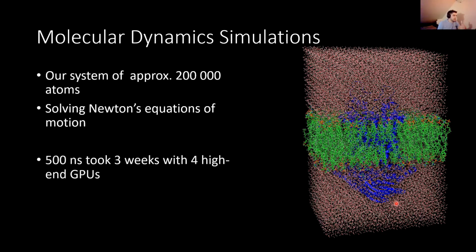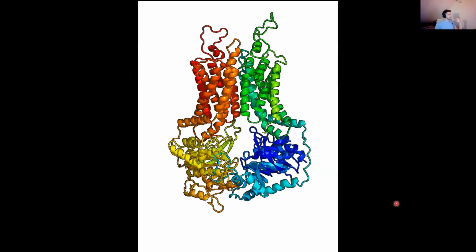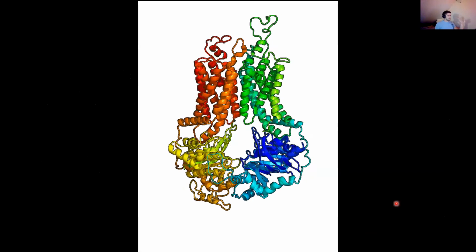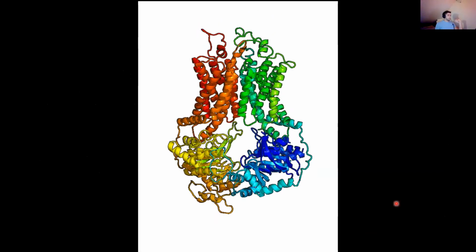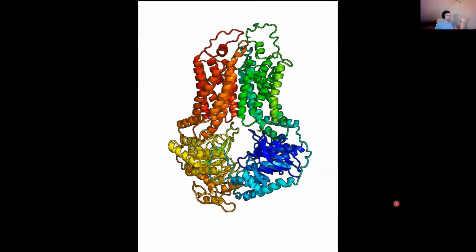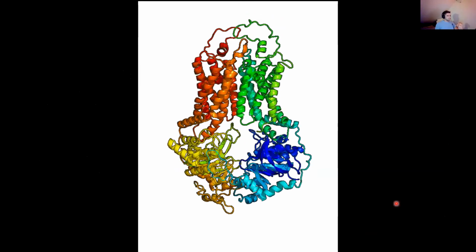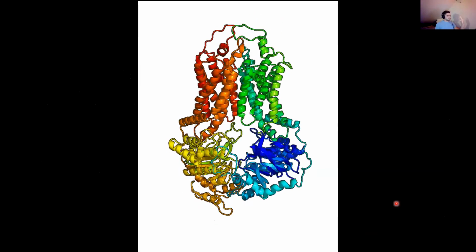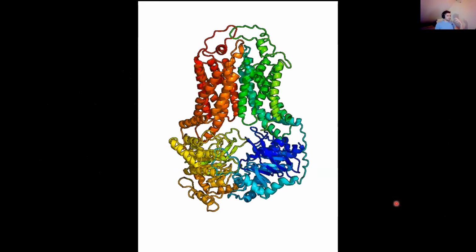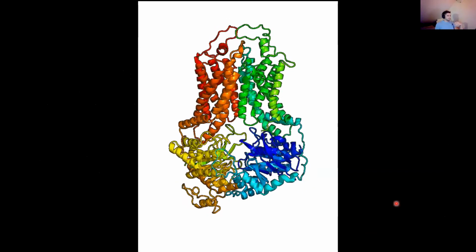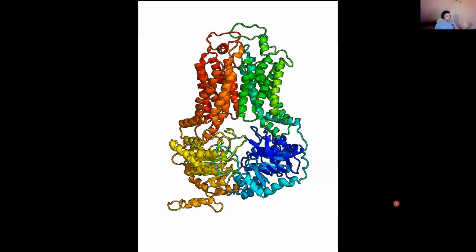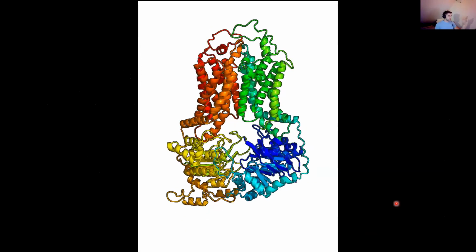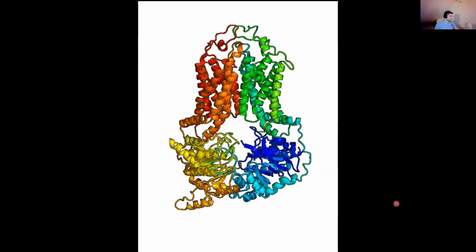Actually, a 500 nanosecond simulation took 3 weeks with 4 high-end GPUs. And during these simulations, after every other step, we write the state of the system onto the disk. So we end up with a trajectory containing all the coordinates at the given time. And this is the data that we can analyze. So you can see a movie from this trajectory.